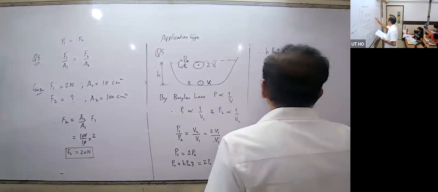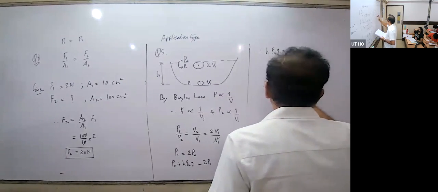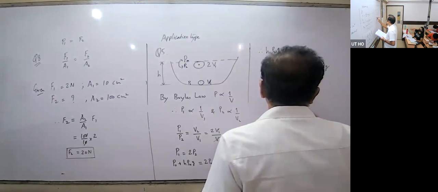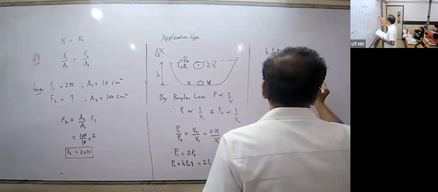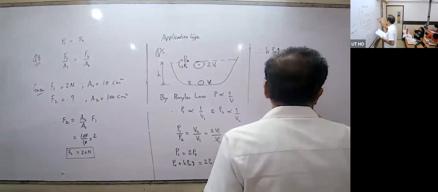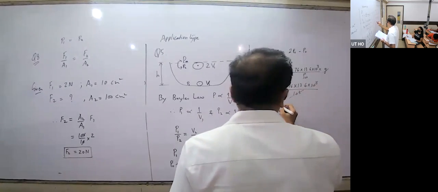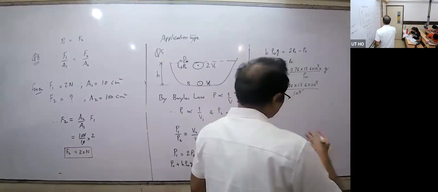And what is therefore H equal to? If this formula itself, I would have written it. 0.76 divided by 10. So find out how much is this. Whatever comes will be the answer.